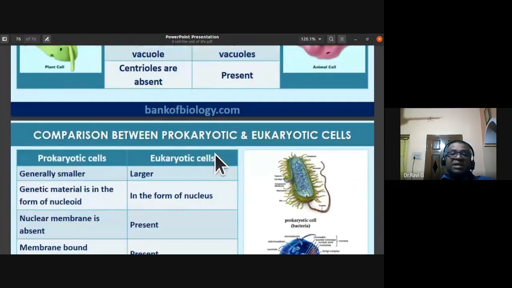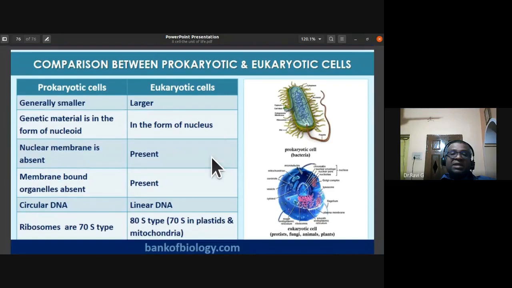Then the comparison between prokaryotic and eukaryotic cells. Prokaryotic cells are generally smaller when compared to eukaryotic cells. Genetic material in prokaryotic cells is in the form of a nucleoid, or incipient nucleus, or false nucleus, whereas in eukaryotic cells we call it a nucleus because they have a nuclear membrane and nucleolus.